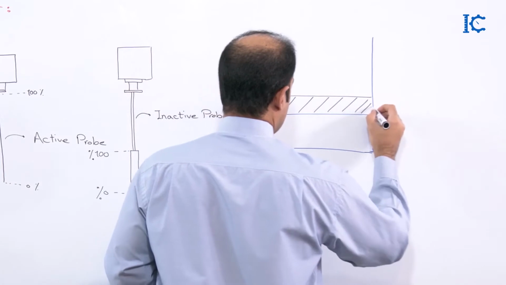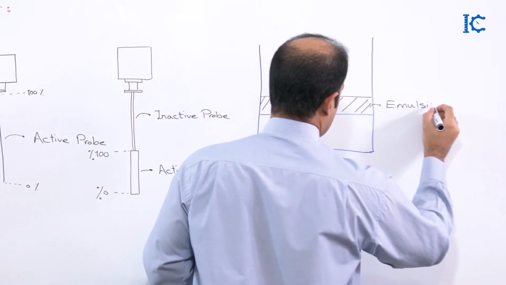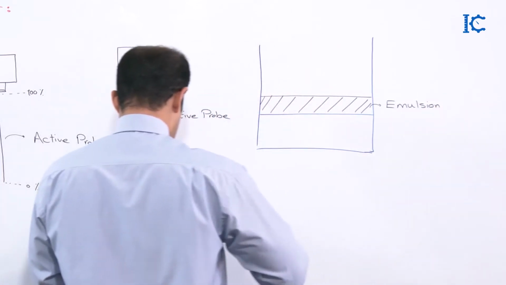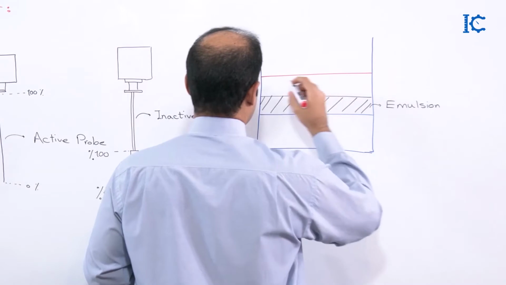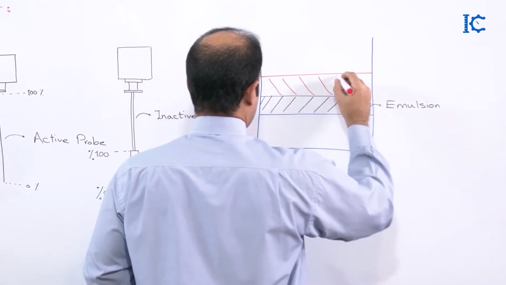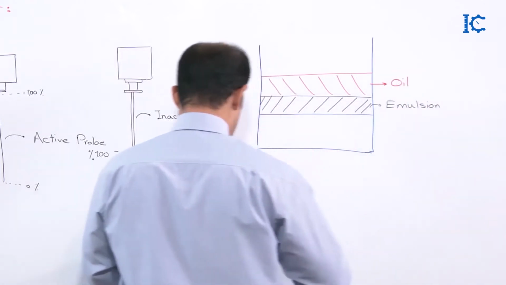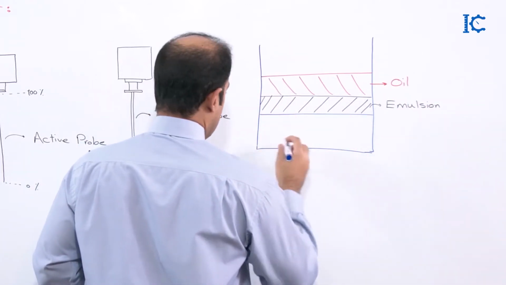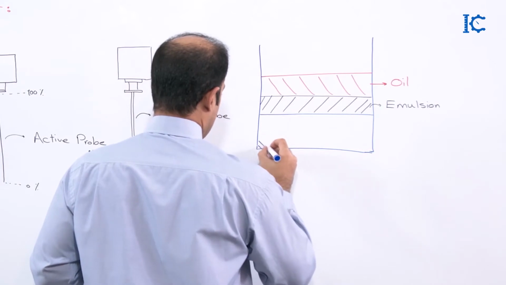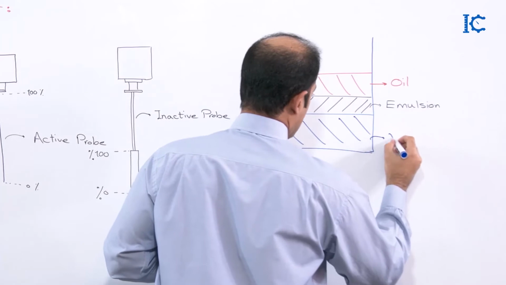For example, here we have emulsion, and just imagine here I have some oil, and the lowest, or the below part, is related to water.